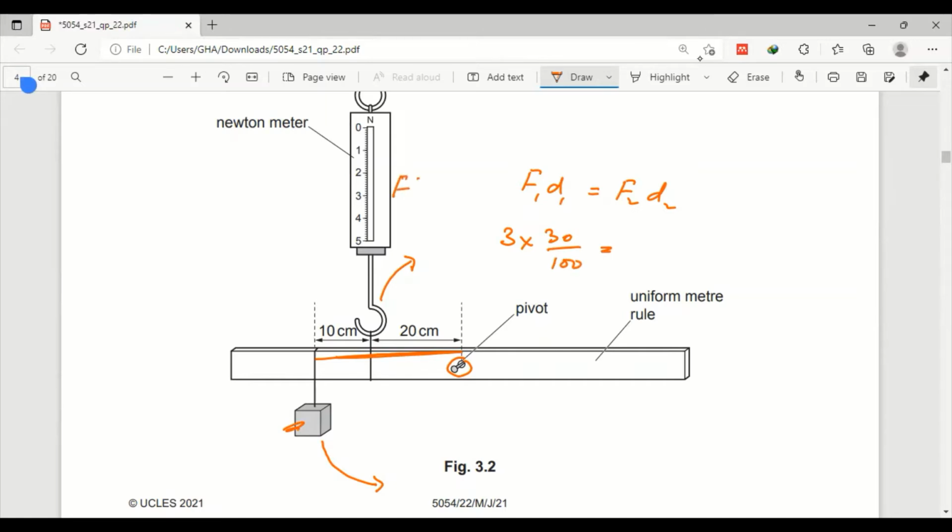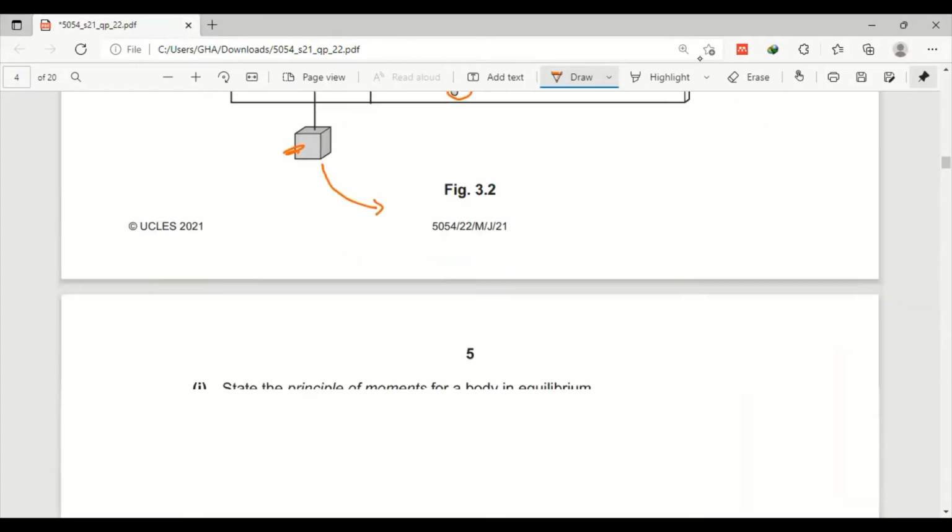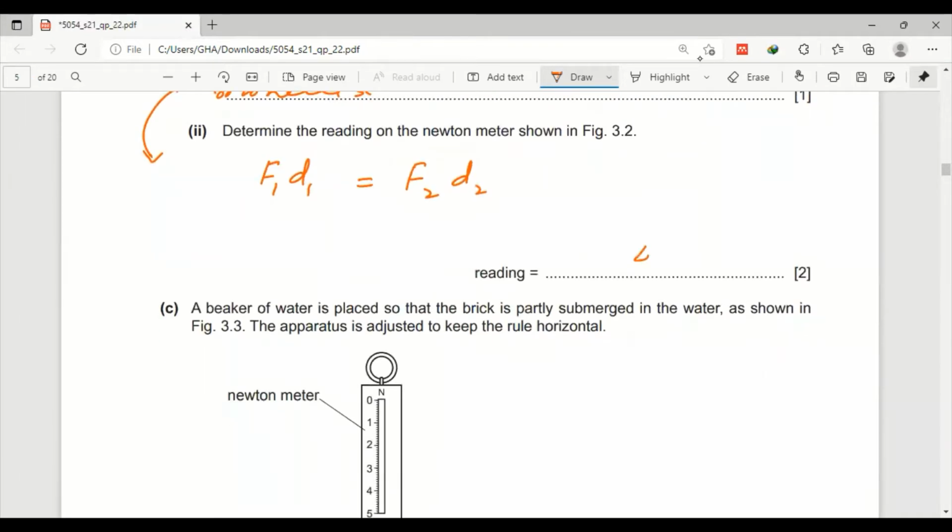And the force of this Newton meter is required. And the Newton meter's perpendicular distance from the pivot is 20. So 20 divided by 100. Now we can cancel the 100. So 30 multiplied by 3, 90, is equal to force F2 multiplied by 20. So 9 divided by 2 means the answer is 4.5 Newton. And we will write here 4.5 and the unit Newton.